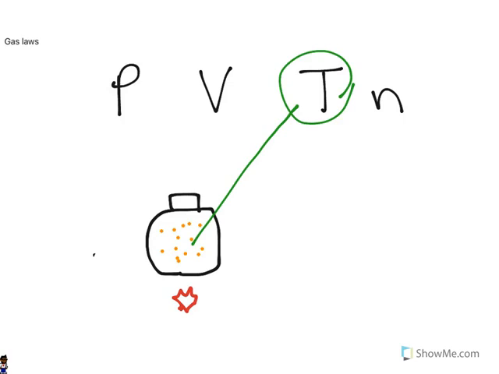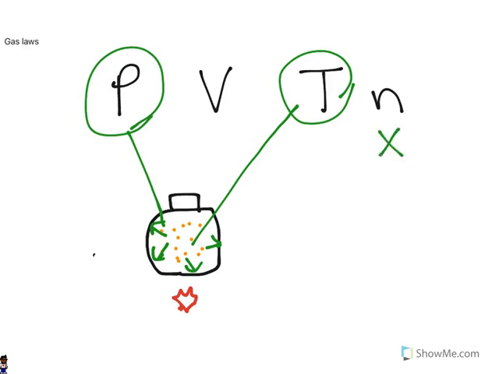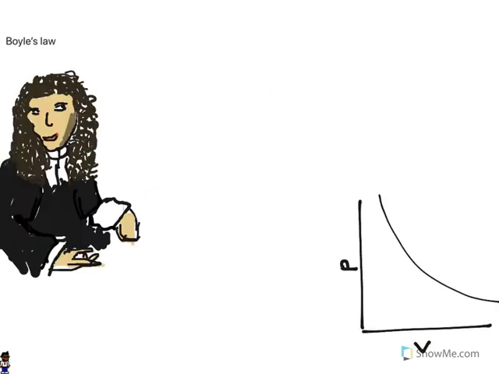And if the temperature of these particles is changing by increasing, its kinetic energy is going up, and therefore its pressure will go up as the collisions along the inside of the wall increase. However, the number of particles does not change, and since your helium tank is basically this steel container, it really has negligible change in volume, so we say the volume doesn't change either. So here we have a relationship between temperature and pressure. So let's go ahead and jump into a couple of laws.